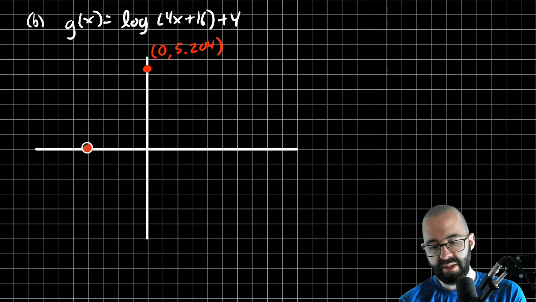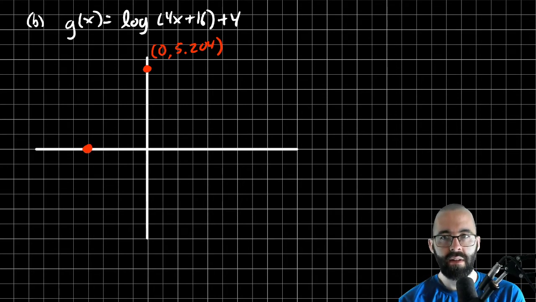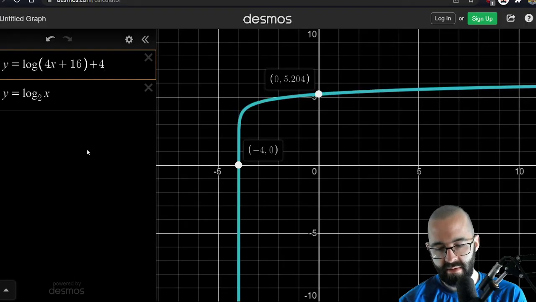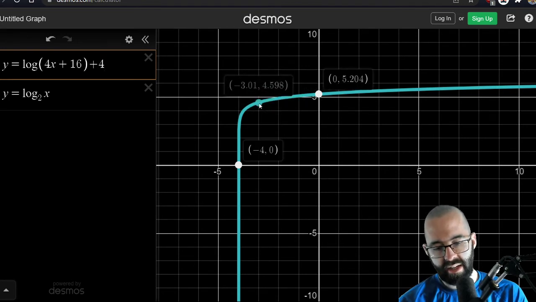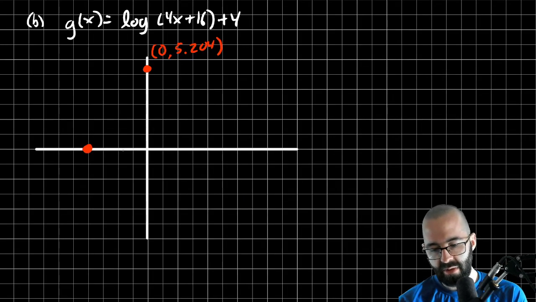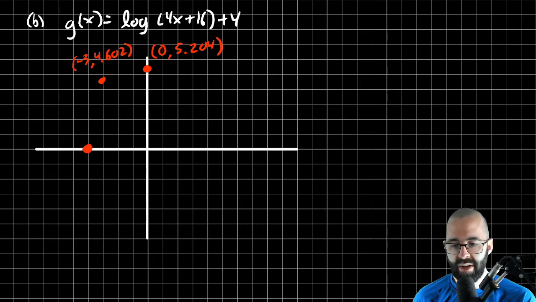So you don't have to label this one. It is what it looks like. And then I think it would be a good idea to also include one in the middle. Like -3 is about 4.602 at -3. 4.6 is around here. Again, since it's not an exact point, let's label it.